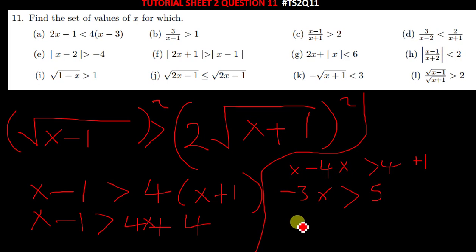You divide by negative 3, also divide by negative 3. The value of x is greater than negative 5 over 3, but when you divide by a negative, this sign should change. So here we're going to have this symbol. It's going to be less than negative 5 over 3. So basically this is the solution for this question.